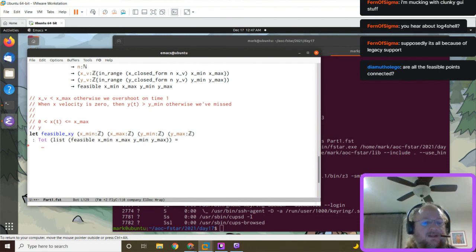I guess what we said here is y of t has got to be greater than y min at all points, else we've missed it. If it ever goes below the minimum, we can't crawl back up. That assumption has a lot of assumptions built in, because y min is less than 0.